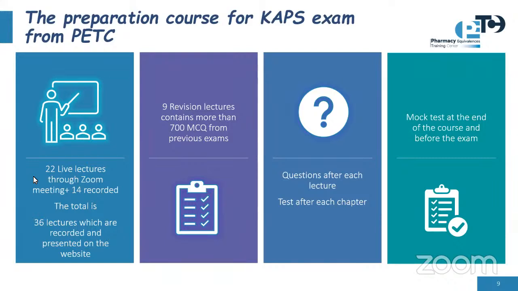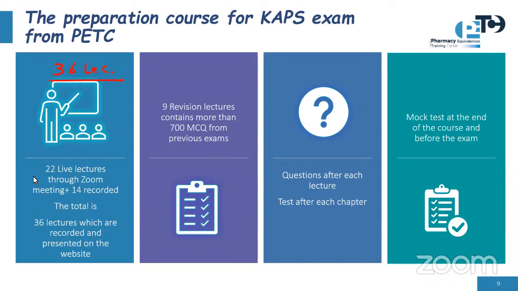Okay, this course is formed of 36 lectures, covering all the topics, covering all that you need, and that information is based on the previous exams. So we will give you the information that you need based on the experience from the previous exams.